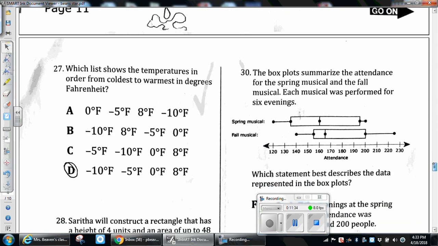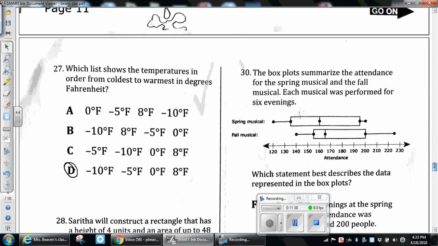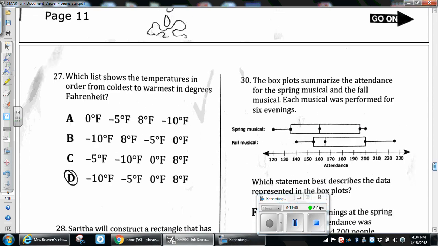So moving on to 27, which list shows the temperatures in order from coldest to warmest in degrees Fahrenheit. You need to remember that temperatures sometimes go below 0. If we look at the number line, we'll have 0 here, and then numbers like positive 5, perhaps 8, and maybe 10.